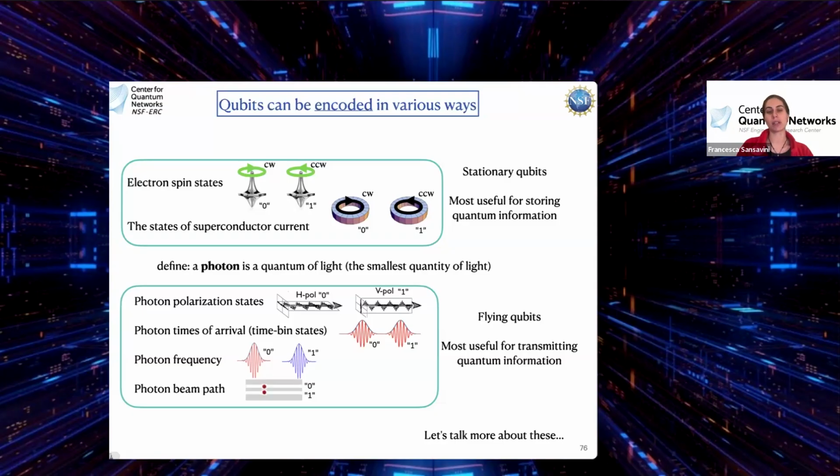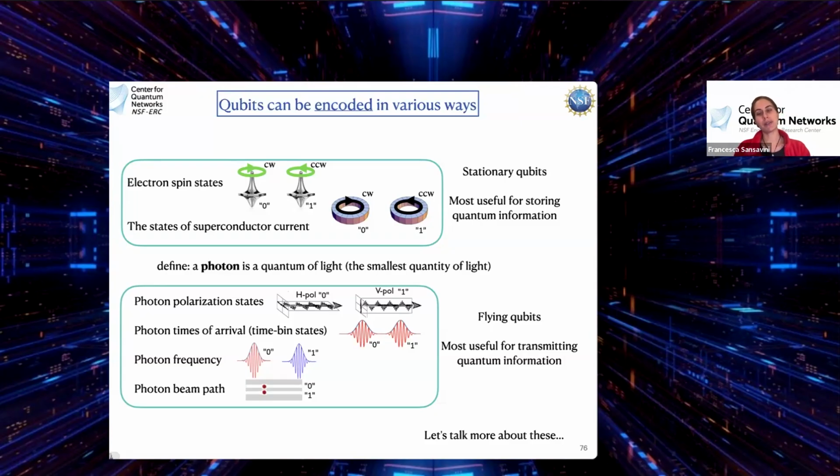We can use ions, electron spin states, photons, etc. Typically, we talk about stationary qubits, for example, superconducting qubits or electron spin states. And these are most used to store quantum information. So they will become a quantum memory that Mike will talk about in part 4.